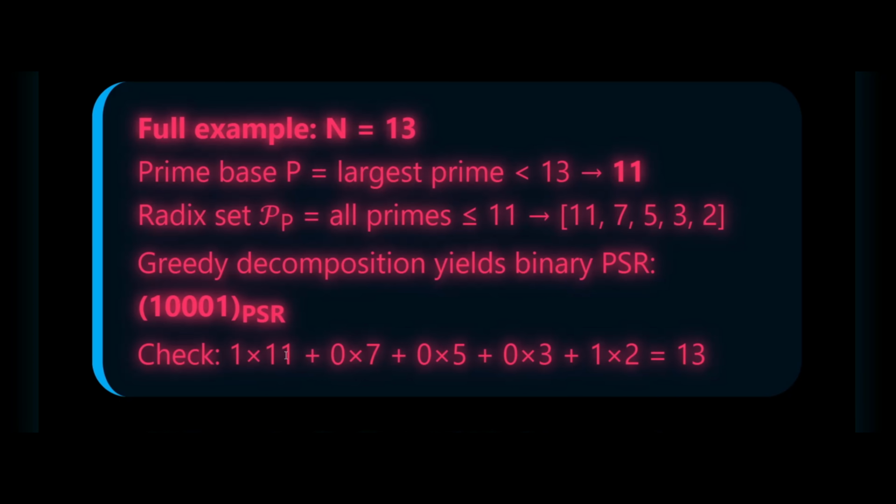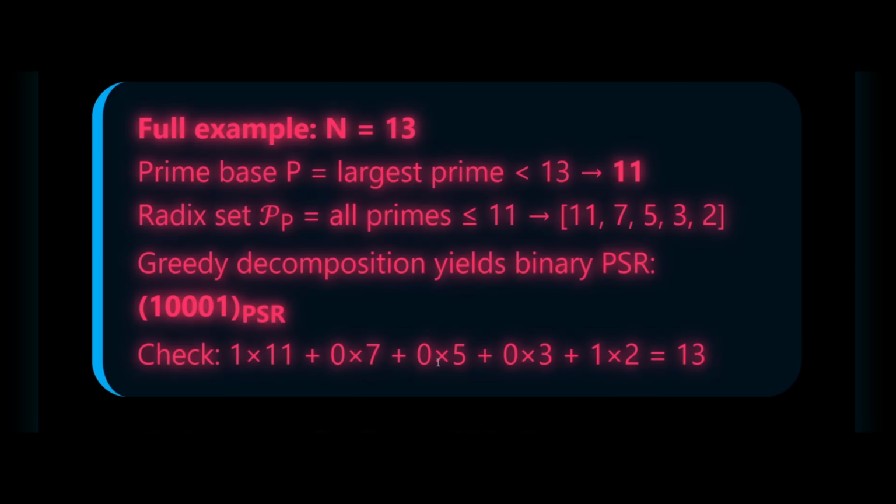We try to sum these up and get 13 back. We always try to find the largest number we can add to get 13. The largest number closest to 13 is 11 itself. So we take 11, it is on, so we have 1 for 11. Then we try to add 7. We can't add 7, it would be higher than 13.